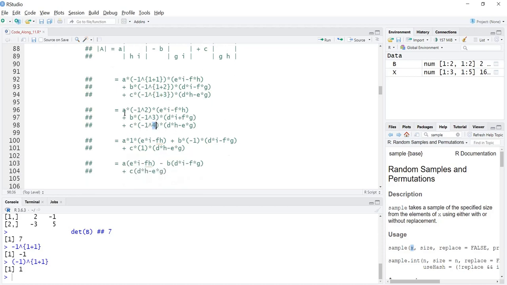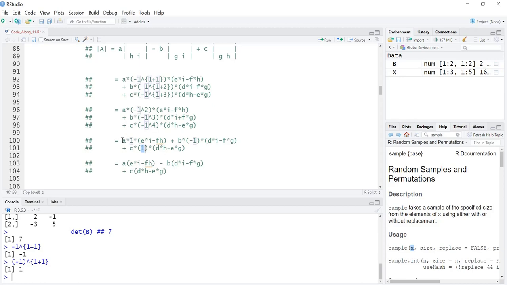And then I came down and I said, okay, what is A times negative 1 squared? That's going to be A times positive 1, and it just gives me A times 1. And then I've got B times negative 1 cubed. That's just going to be a negative 1. And then I've got negative 1 to the 4th, and that's going to be a positive 1 there.